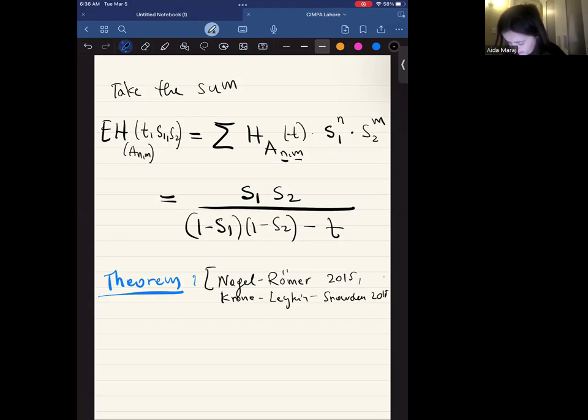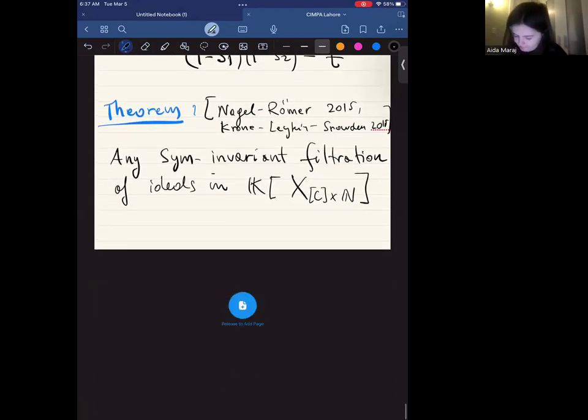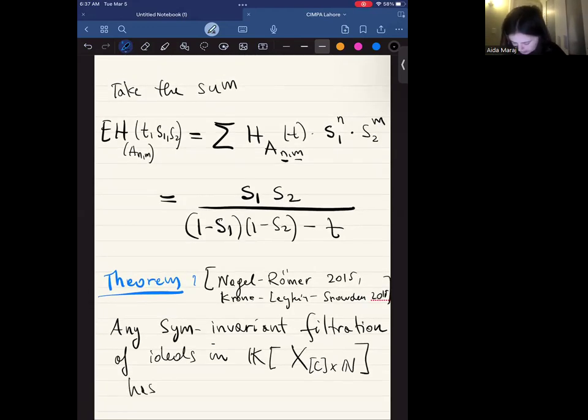Again here, they have that any SIM invariant filtration of ideals in this polynomial ring K of x, c times n, has rational Hilbert series.